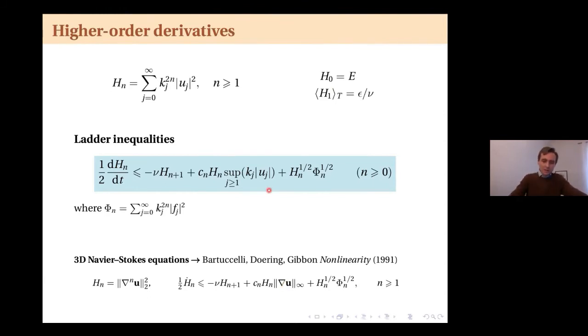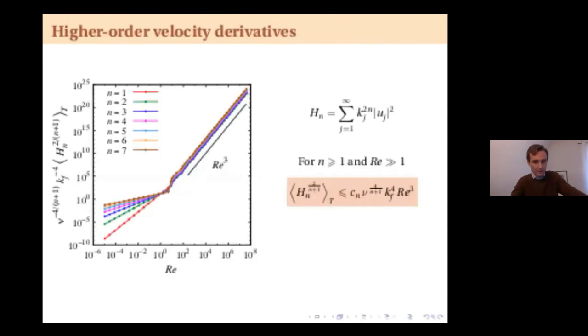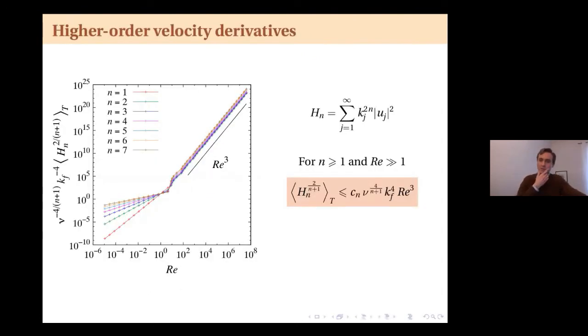Now let us see what we get. We have an estimate for the time average of H1, and we can use it to move to higher order derivatives. We obtain for the Hn of higher order that the time averages are bounded by Reynolds to the power cube with an exponent which depends on n and which is 2 over n plus 1.